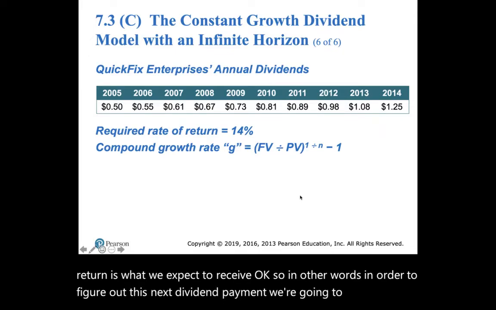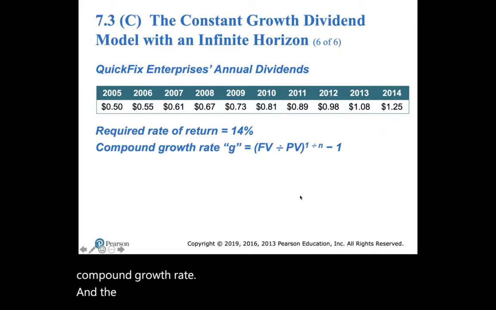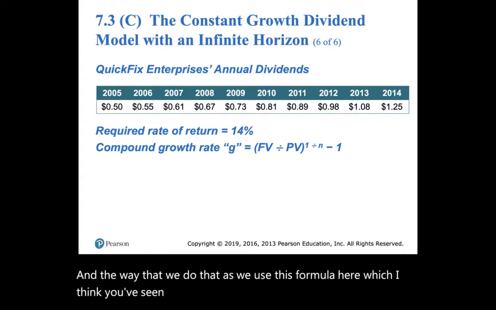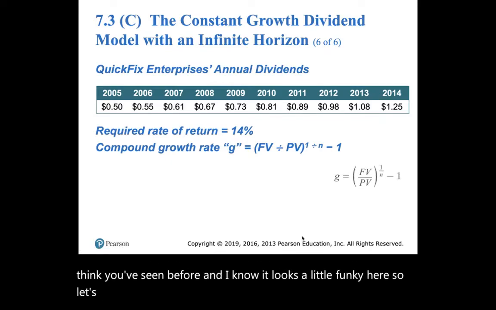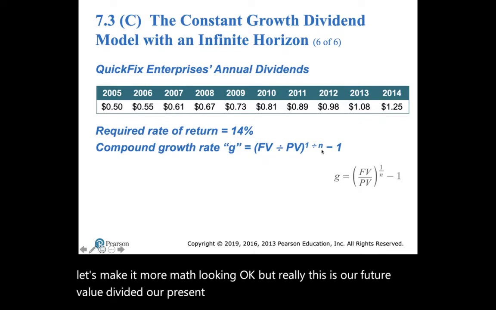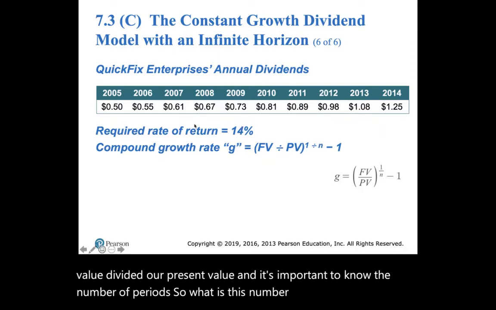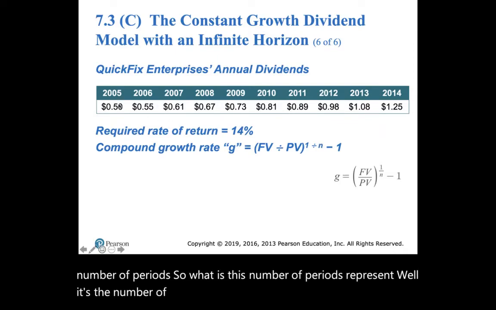growth rate. And the way that we do that is we use this formula here, which I think you've seen before. Okay, and I know it looks a little funky here, so let's make it more math looking. Okay, but really it's just our future value divided by our present value. And it's important to know the number of periods. Okay, so what does this number of periods represent? Well, it's the number of periods that the dividend has grown.